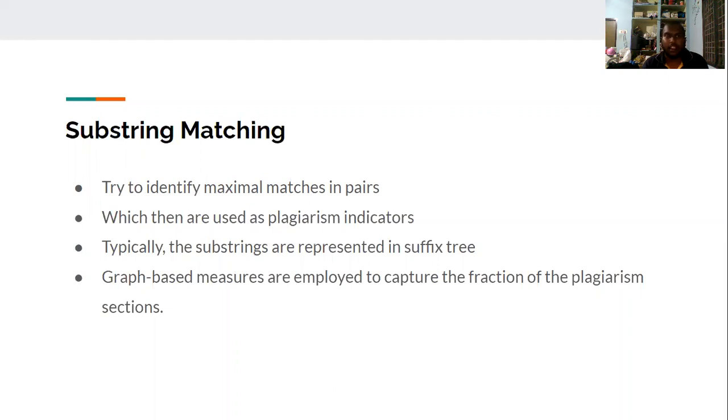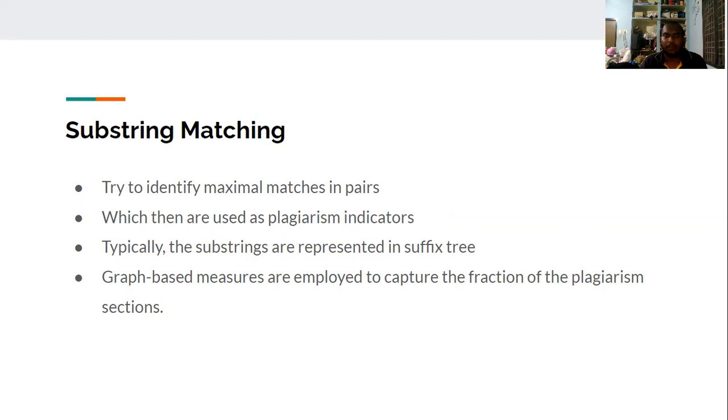Substring matching tries to identify maximal matches in the page. So in substring matching, we need to find the maximal matches in the page, which means when something is copied, plagiarism has occurred. Where there are maximum matches in the page, plagiarism has occurred.